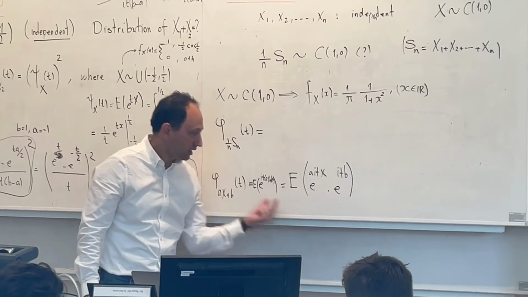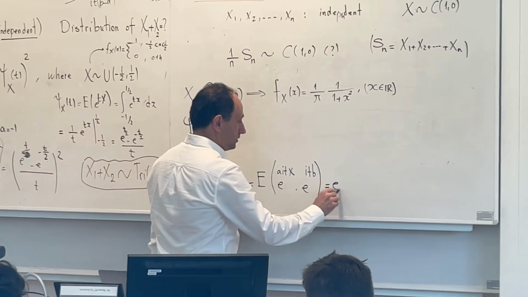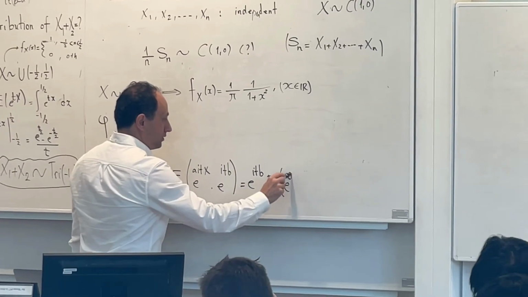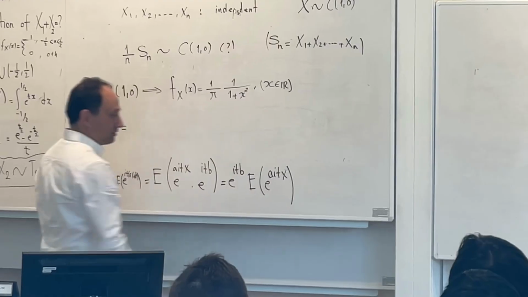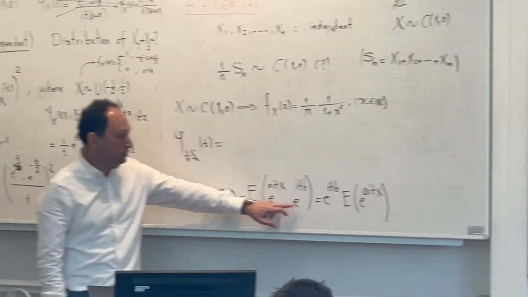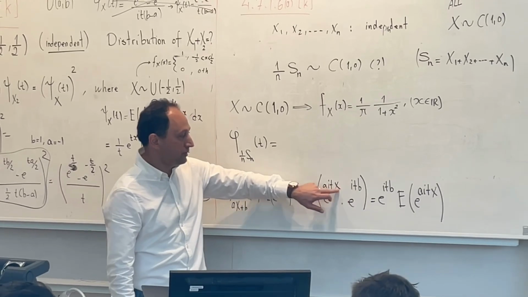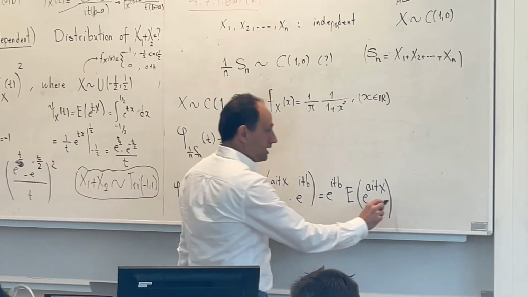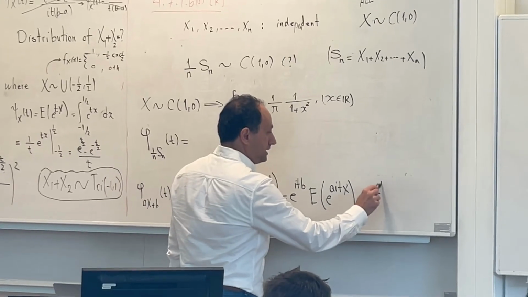But that's a constant. I can pull it out from the expectation value. And then what is left for me is e to the power of i t x. Yes? That's the definition. And I have separated them because this is a constant, does not depend on my random variable. I pull it out, but that is left. So this means that it becomes e to power i t b.